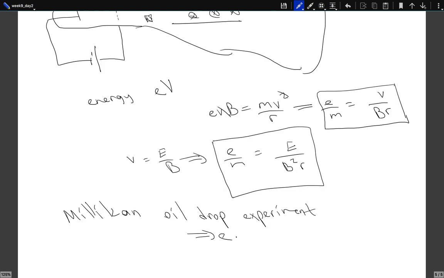So one experiment told us the charge of the electron, and this experiment showed us the ratio of the electron charge to its mass. And if you just combine these two experiments, we discovered that the mass of the electron was something around 10 to the power minus 31 kilograms. Yeah, in fact, this is how you measure such masses, more or less. I mean, you cannot just weigh the electron and determine its mass.